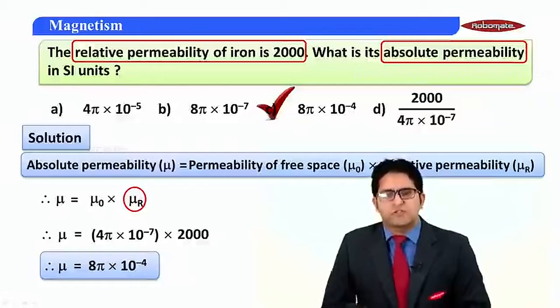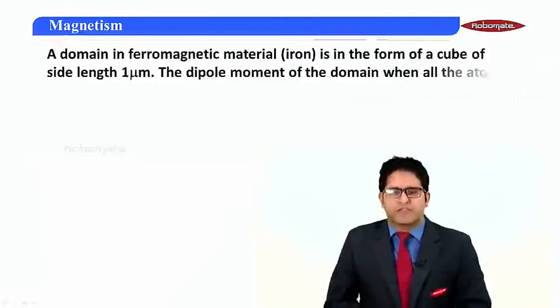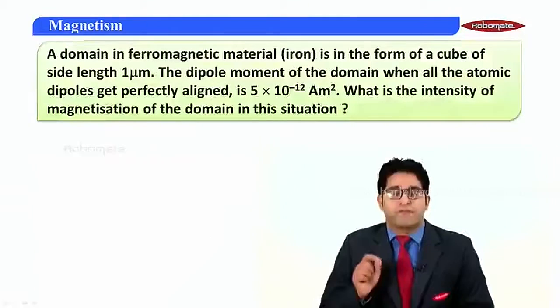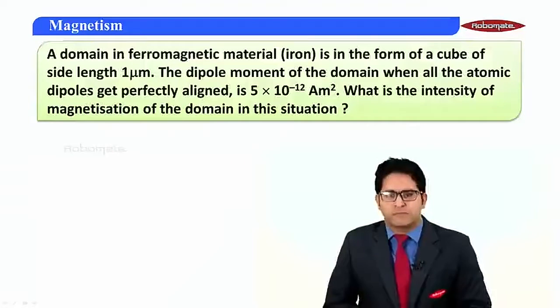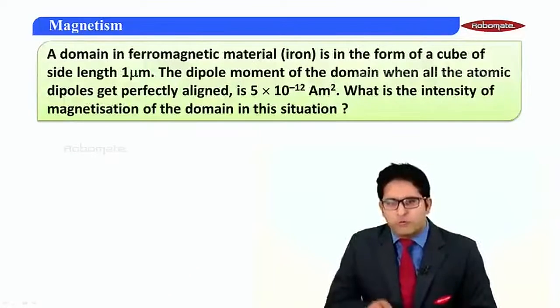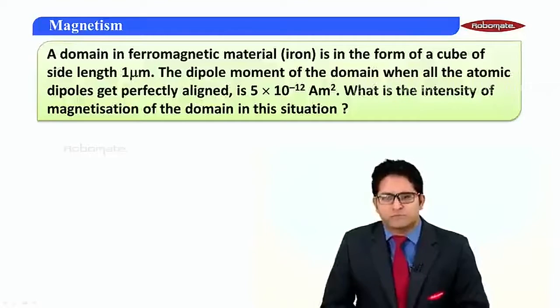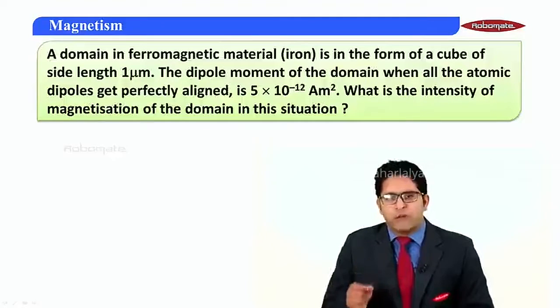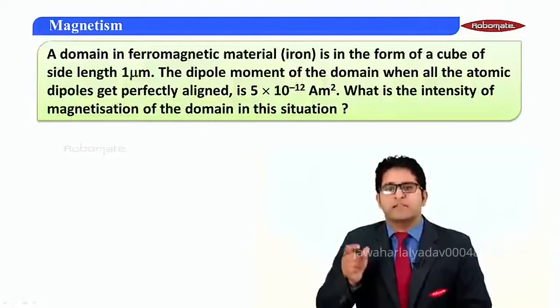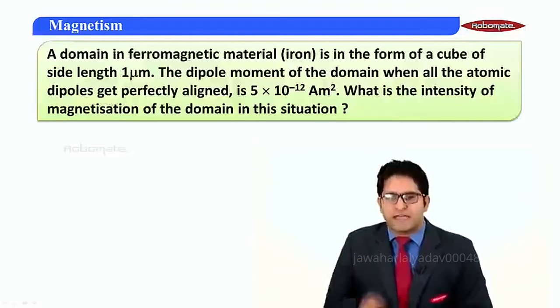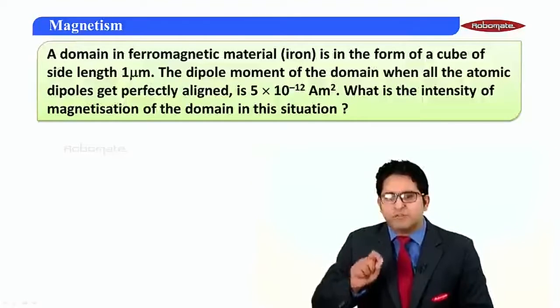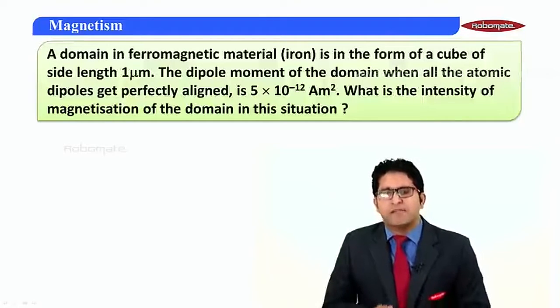So let us move towards third MCQ. It says a domain in a ferromagnetic material is in the form of a cube of side length 1 micrometer. The dipole moment of the domain when all the dipoles get perfectly aligned is 5 into 10 raised to power minus 12 ampere meter square.